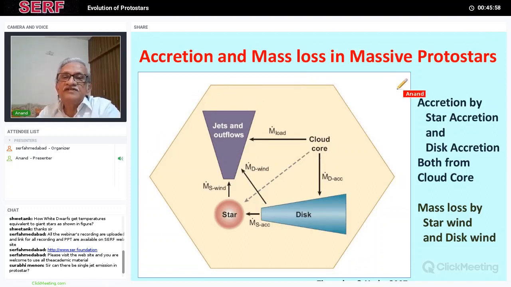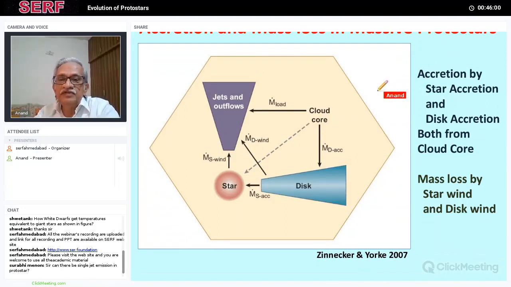Now, accretion and mass loss in massive protostars. When you say accretion, it is basically matter given to the star by the disk or the outer regions, like a disk here and a cloud core here.